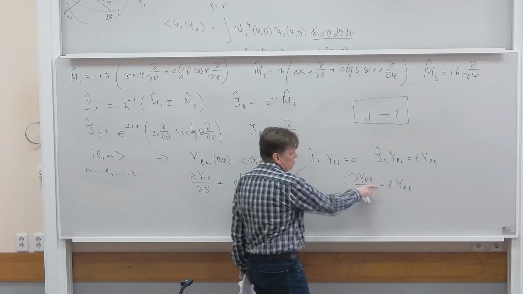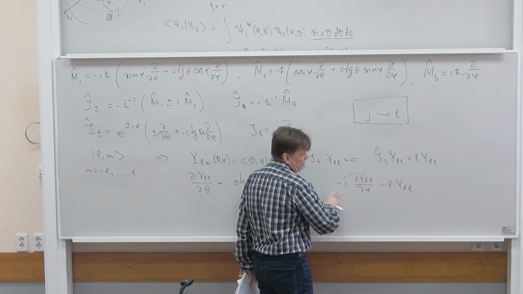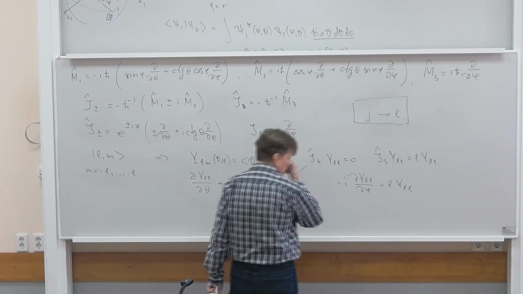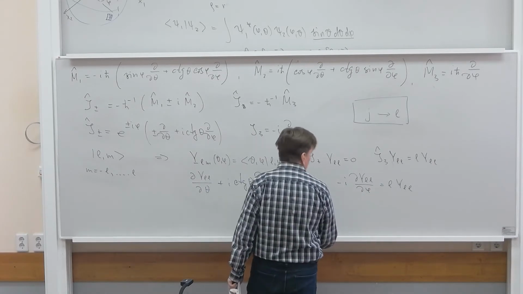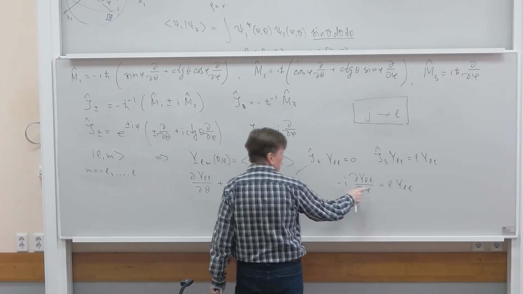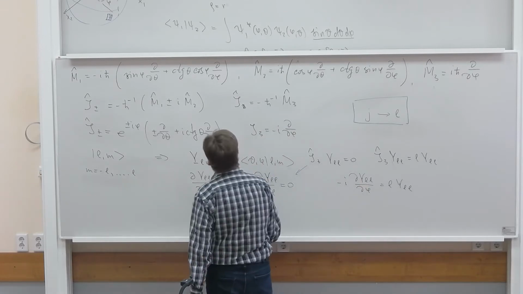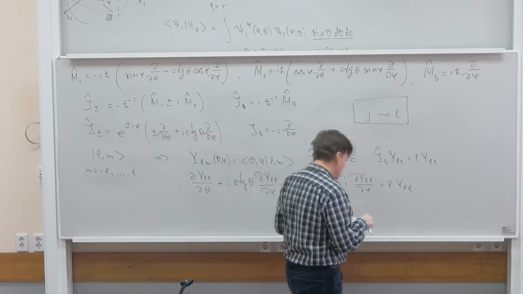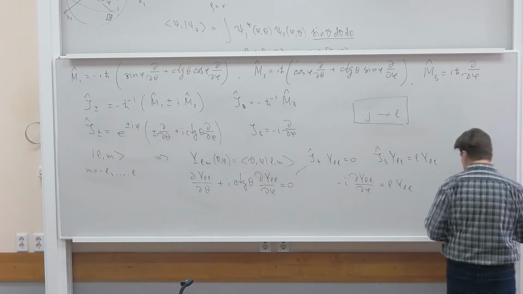This equation can be easily solved by separation of variables. This is a linear first order differential equation, and we can always solve it by separating variables. The answer is almost obvious.